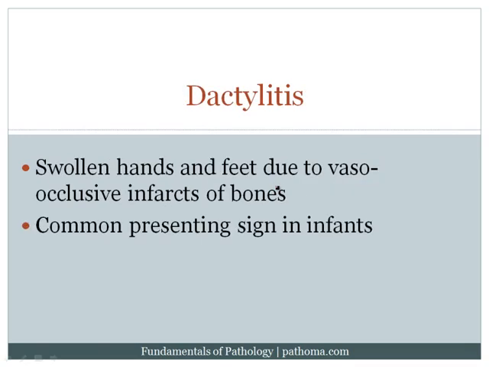The first classic example of vasoocclusion would be dactylitis. Dactylitis refers to swelling of the bones of the hands and the feet, usually due to vasoocclusive infarction. This is a very common presenting sign in infants.